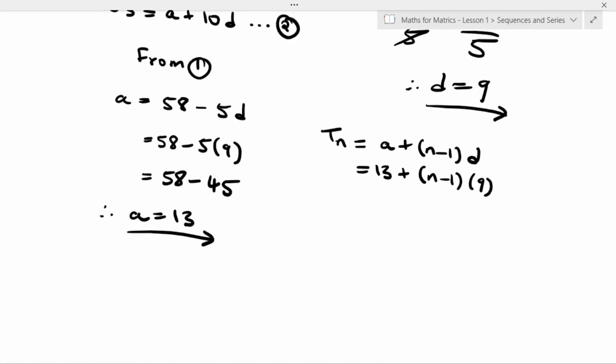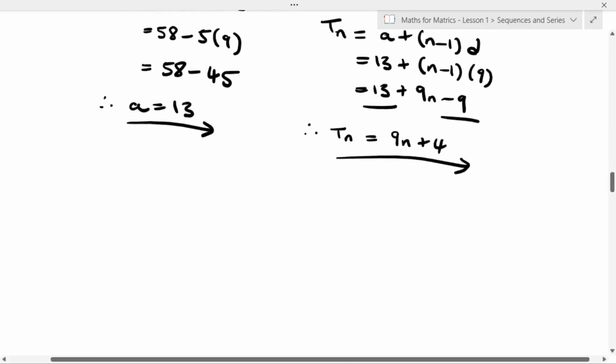Let us now get rid of the brackets. 13 minus 9 is equal to 4. Therefore, our nth term, Tn, is equal to 9n plus 4.